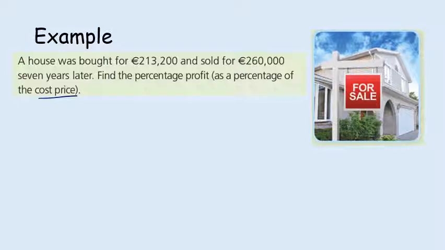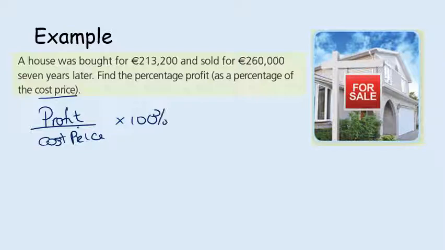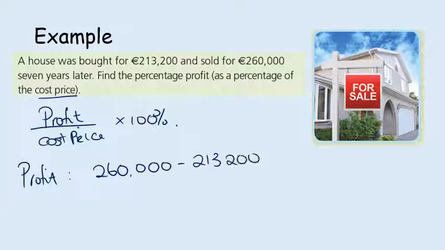So we have got to work out percentage profit, it's profit over cost price multiplied by 100%. So in order to work this out, we actually need to know what the profit is. So the profit is going to be the selling price take away the cost price, and that works out to be €46,800.